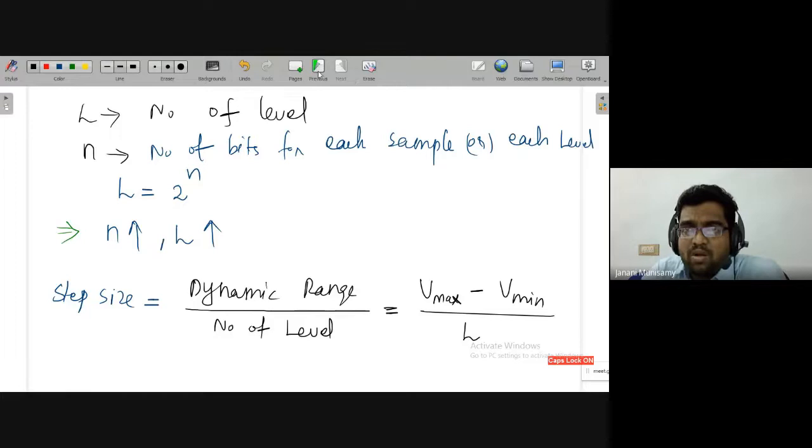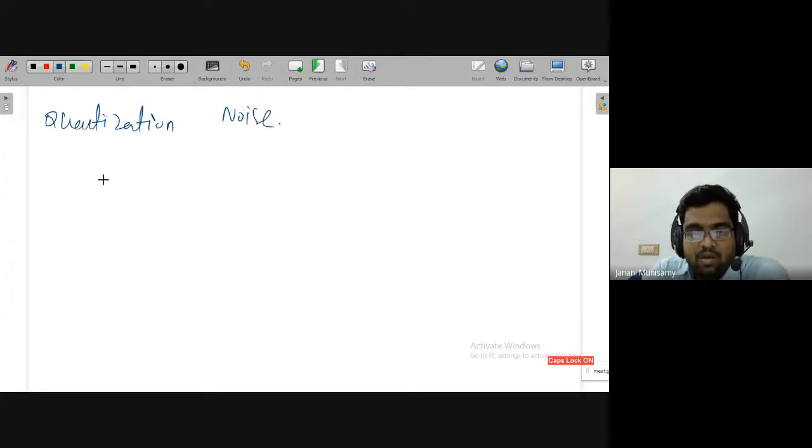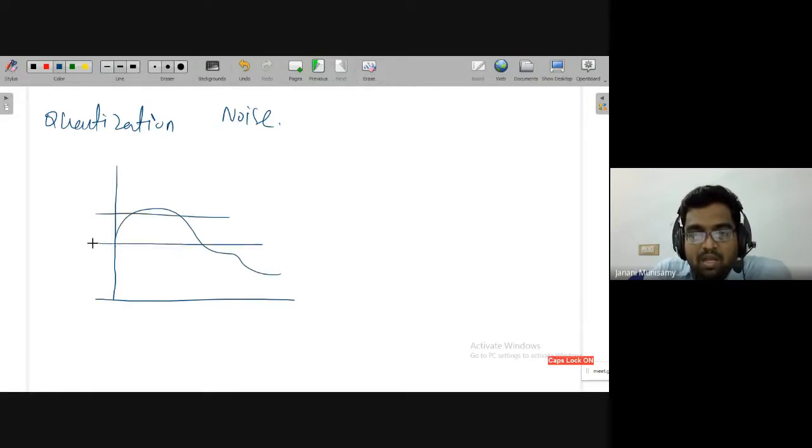So now I'm going to define quantization error, quantization noise. For that, once again, I'll draw the diagram. Say I'm having some signal. I have assigned the levels.